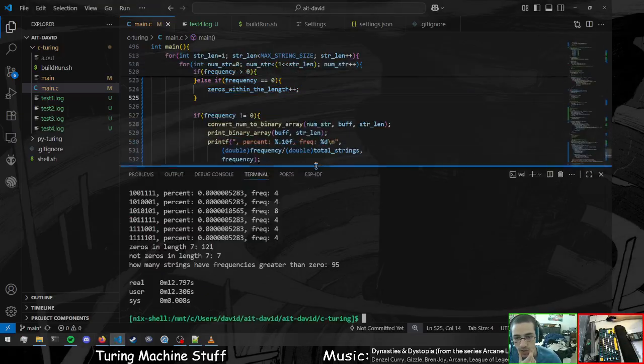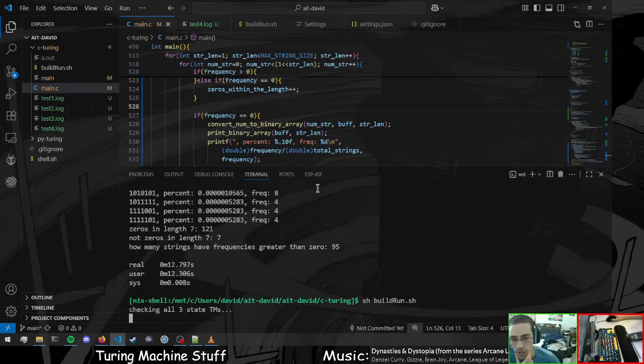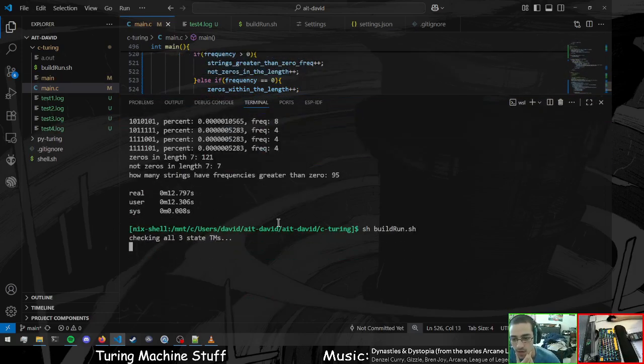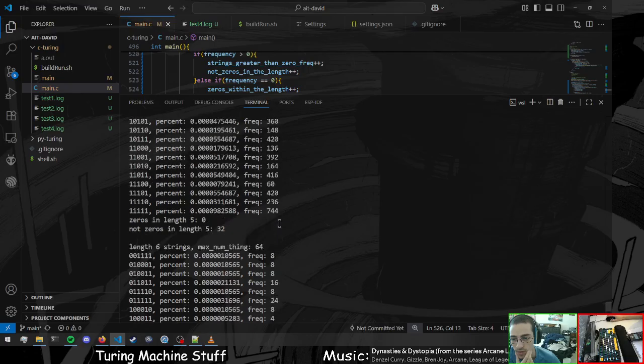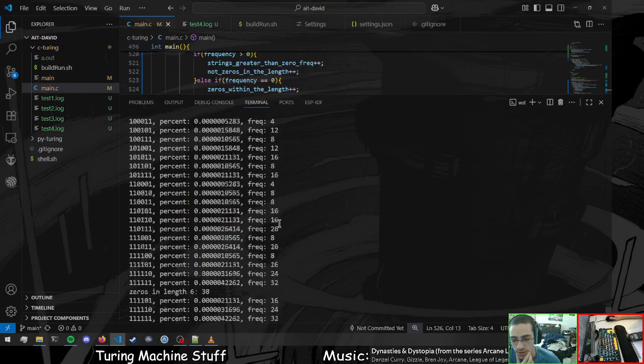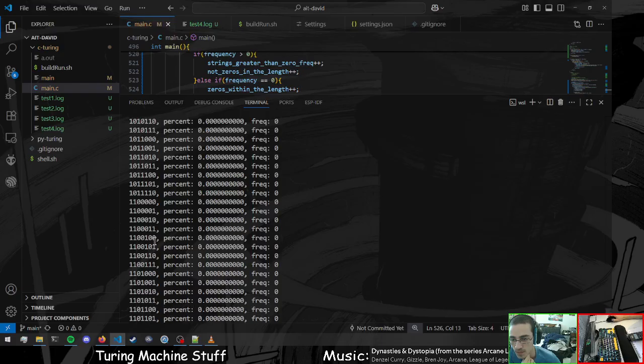Okay. Let's go back to printing all the 0 strings. And I want to see what they look like if they have a lot of zeros in the beginning. That's probably a pattern, I don't know. Well, okay, a lot of these have 1s, but I think these are just not included.